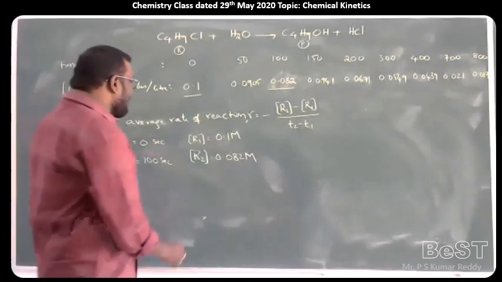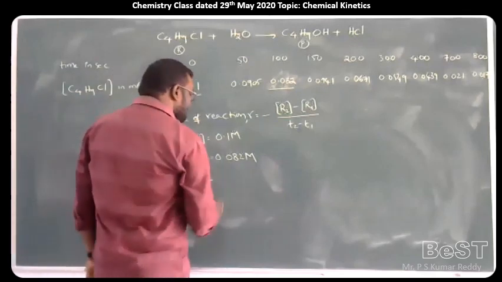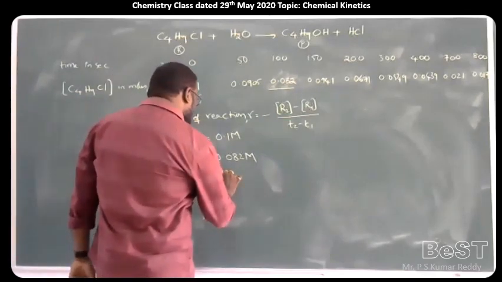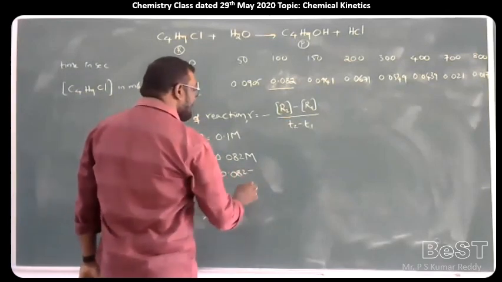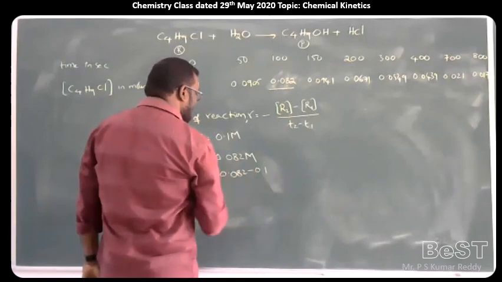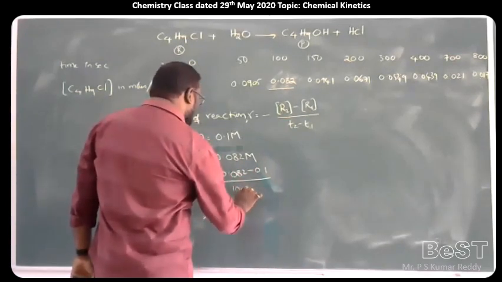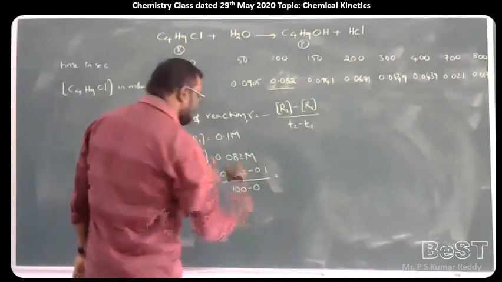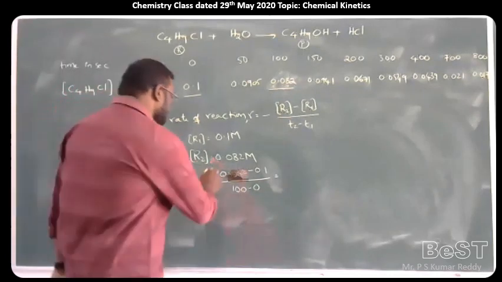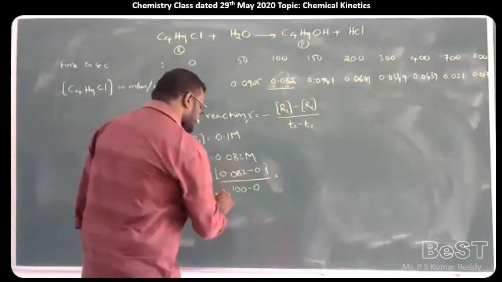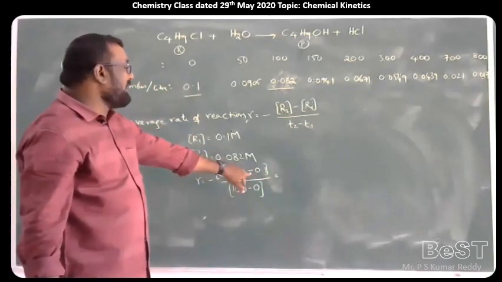So now the average rate is equal to minus (0.082 minus 0.1) by (100 minus 0). So what is 0.082 minus 0.1?